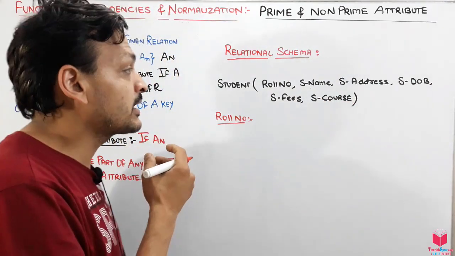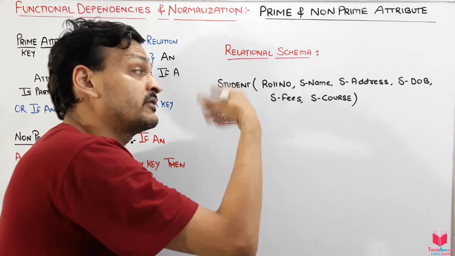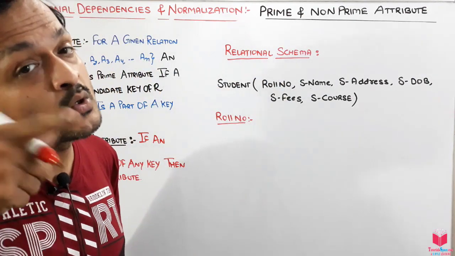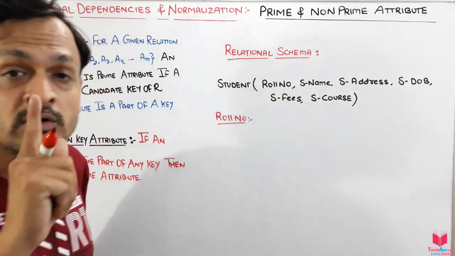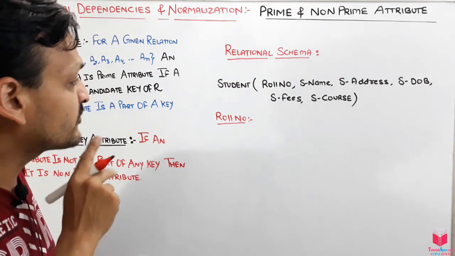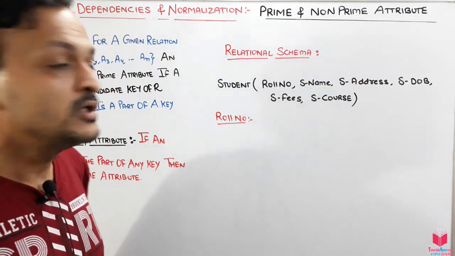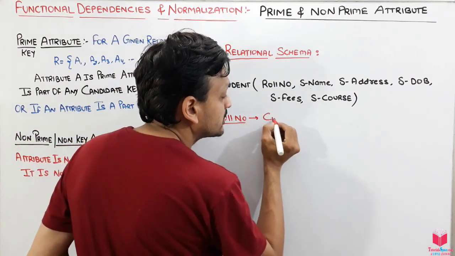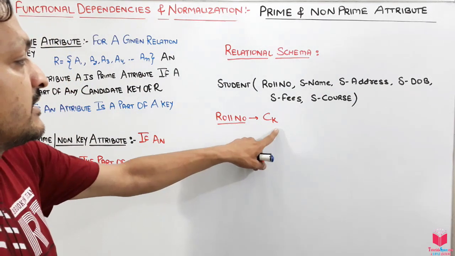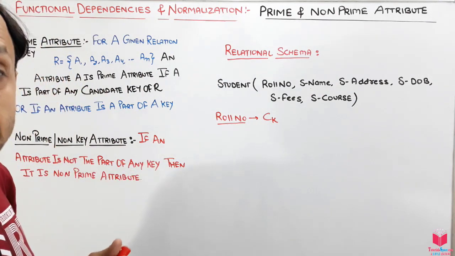Yes, from roll number I can identify student address, date of birth, fees, and the student course also, because this roll number will be allotted to only one student. So from roll number I can identify all the attributes and their values. So yes, roll number is a candidate key.